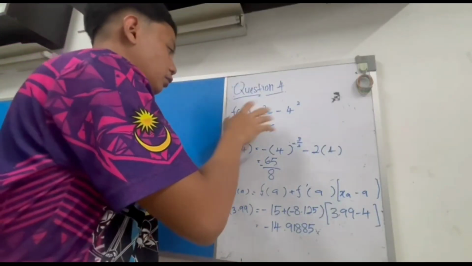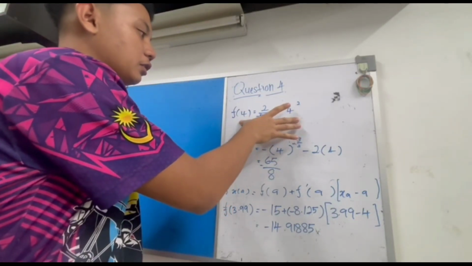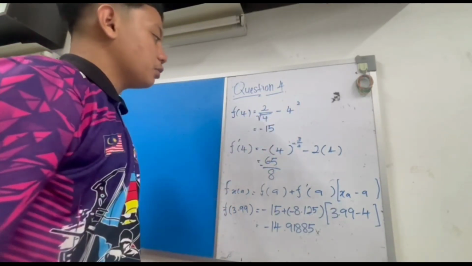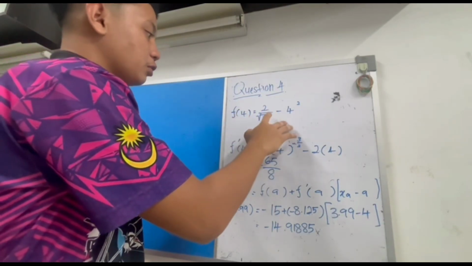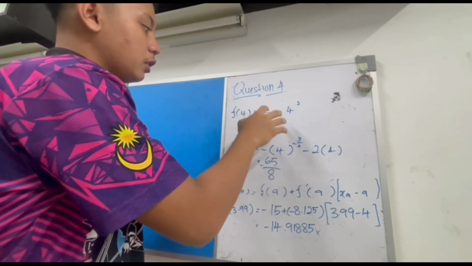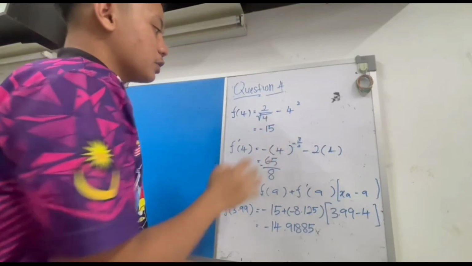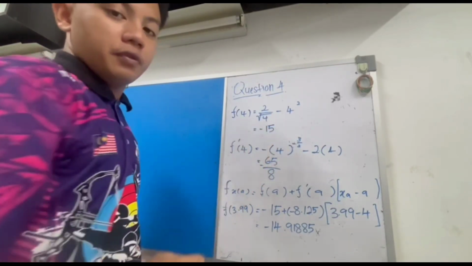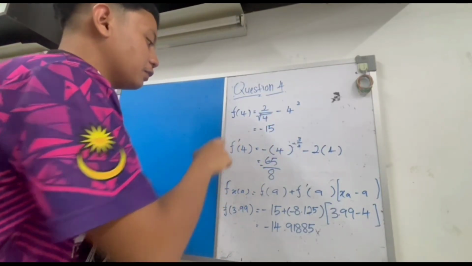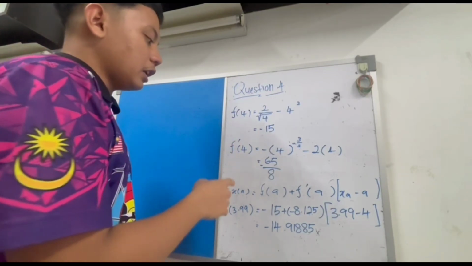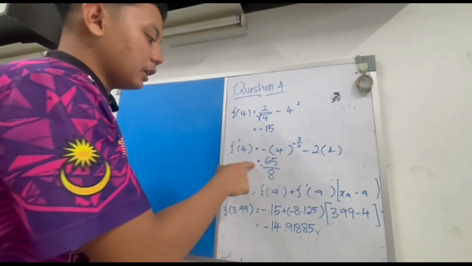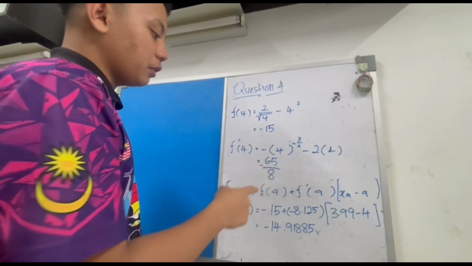From the first equation, we have to change the x variable into 4, and we change the square root of 3.99 into 4, so it will be negative 15. And for the differentiation, we also have to replace the x variable with 4, and we get minus 65 over 8.